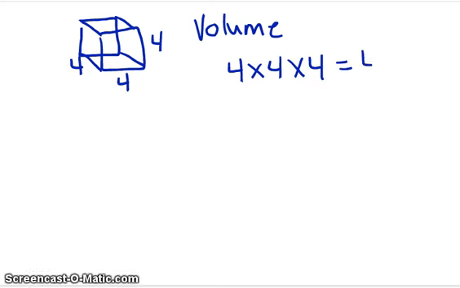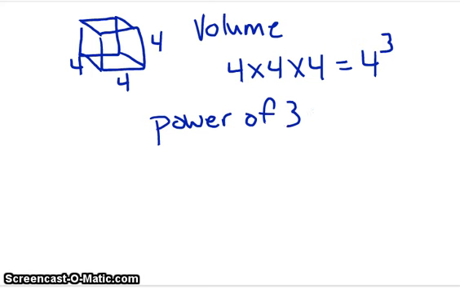Well, that would equal 4 to the power of 3. And mathematicians said every time you get the volume of a cube, it will be to the power of 3. So why don't we call the power of 3 cubed? So 5 to the power of 3 can be read 5 to the power of 3, 5 to the third power, or 5 cubed.